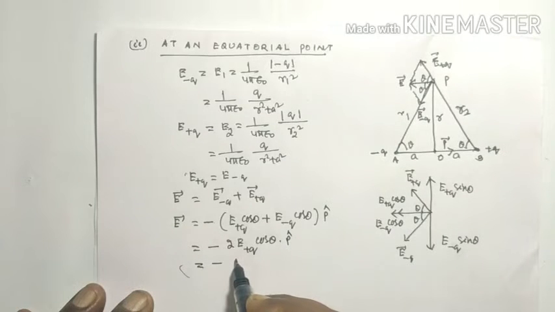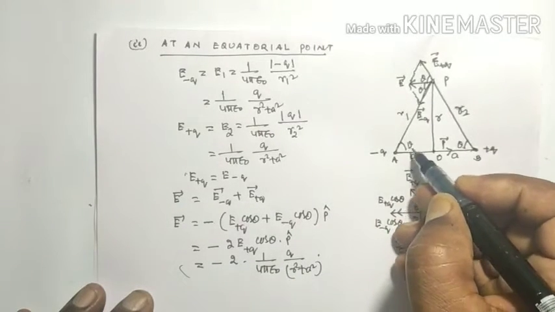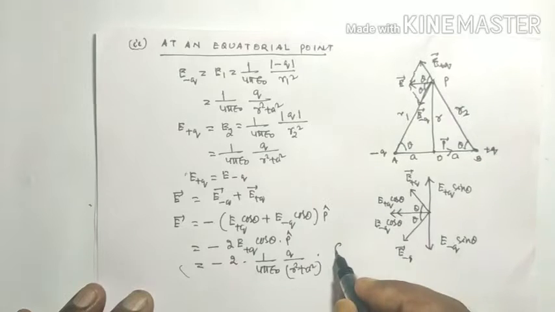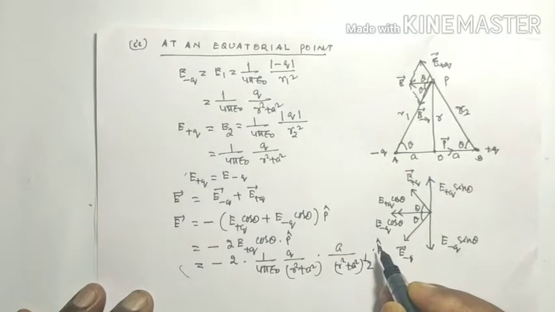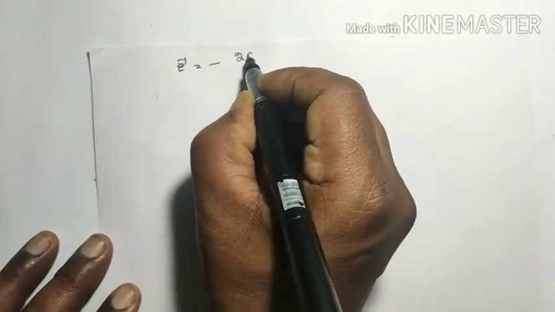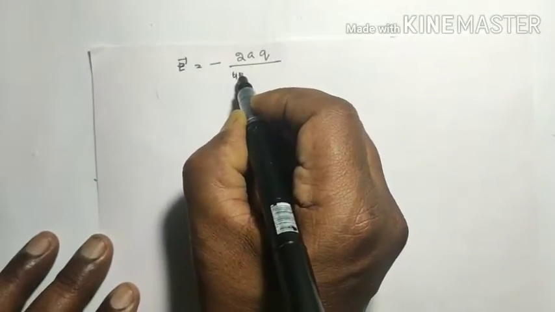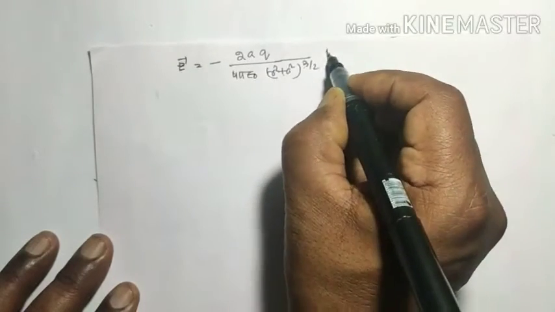This is equal to minus 2 into 1 by 4 pi epsilon 0 Q by r square plus a square into cos theta. Cos theta is a by r1, that means a by r square plus a square to the power half, into p cap. Now E equals minus 2aQ by 4 pi epsilon 0 into r square plus a square to the power 3 by 2 into p cap.